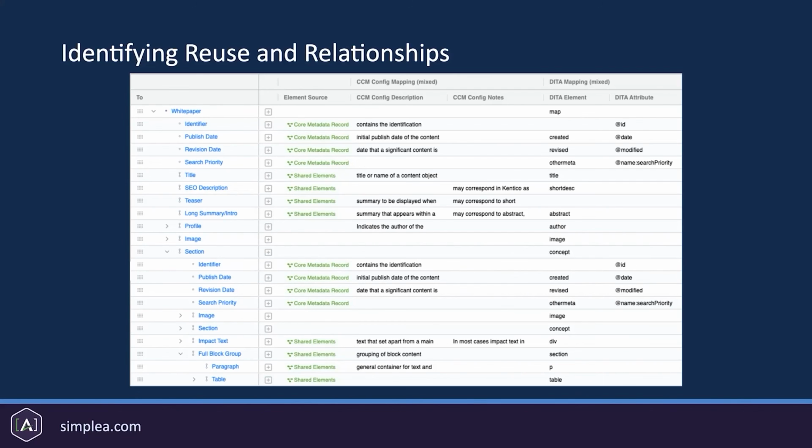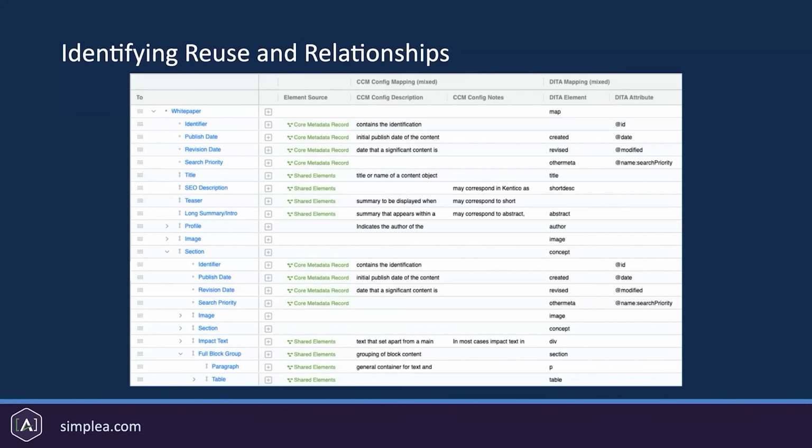The other big piece that I want to talk about is identifying opportunities for content reuse across different types. When you are creating a content model for a number of content types, you'll probably discover that some content types often use the same elements, like title, SEO description, or author. Those are needed in many different content types. We can take advantage of those similarities in a couple of ways.